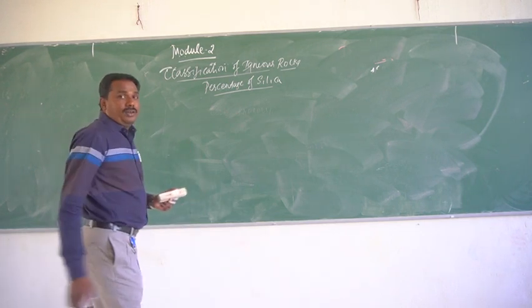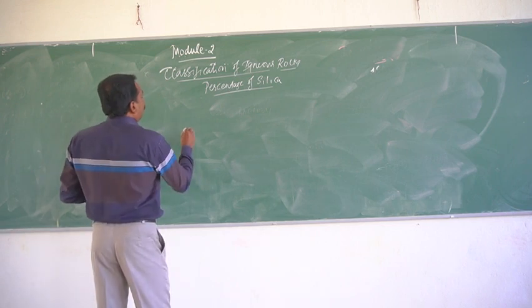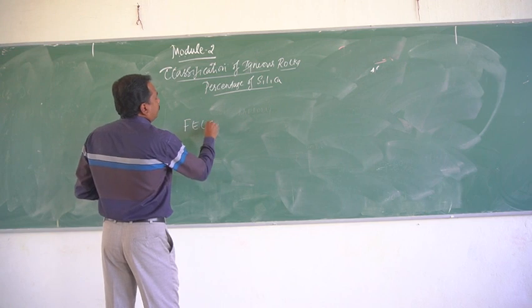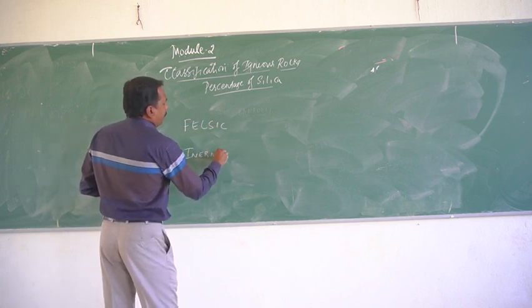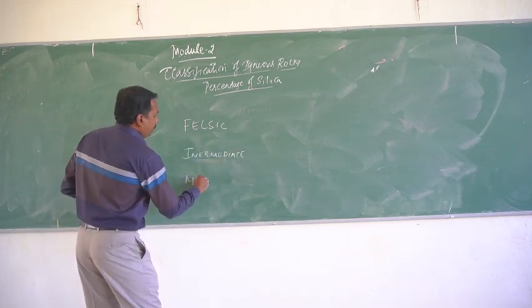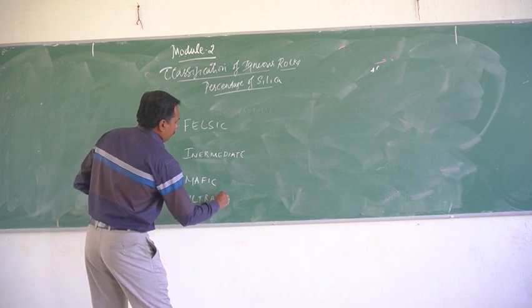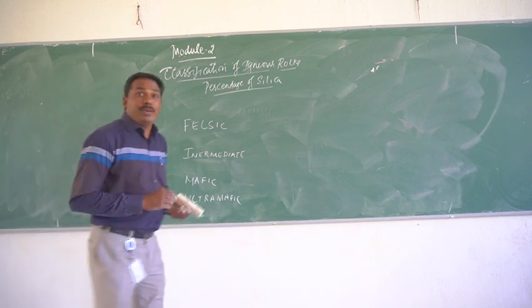In this classification, igneous rocks are classified into 4 categories. Which are those 4 categories? One is felsic, intermediate, mafic and ultramafic. These are the 4. What do you mean by felsic?